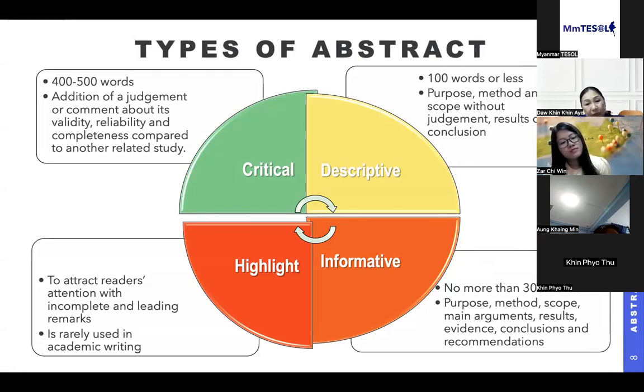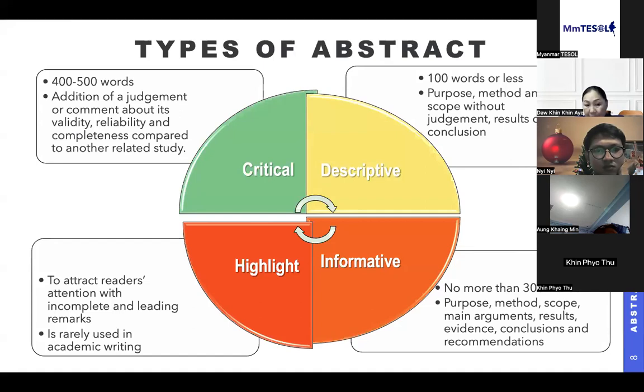Descriptive abstract is 100 words or less only: the purpose, method, and scope, without judgment, results, or conclusion. For the informative one, no more than 300 words: purpose, method, scope, main argument, result, evidence, conclusion, and recommendation. That is more to do with the kind of abstract that we usually write.